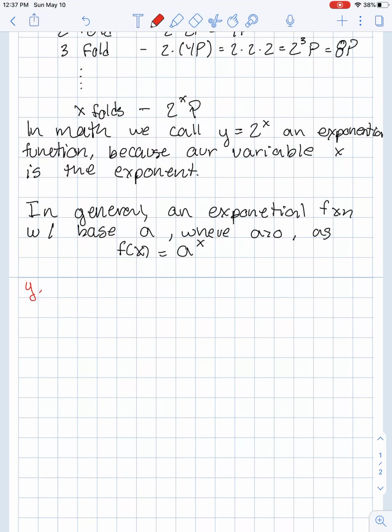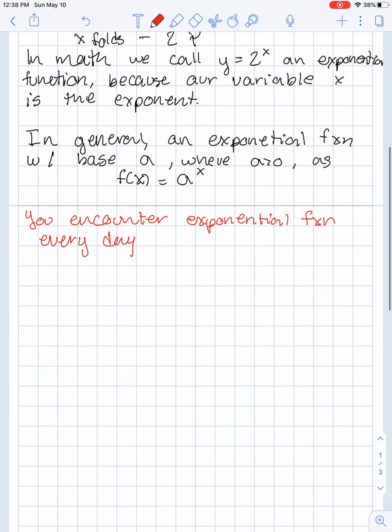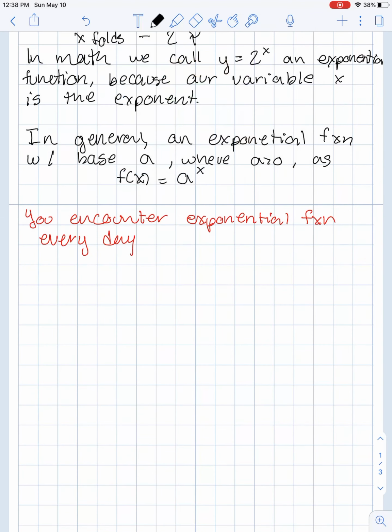You're like, cool, when am I ever going to use this? You actually encounter exponential functions every day. So what do I mean by that? Well, let's say in 2014, you got gifted $100.